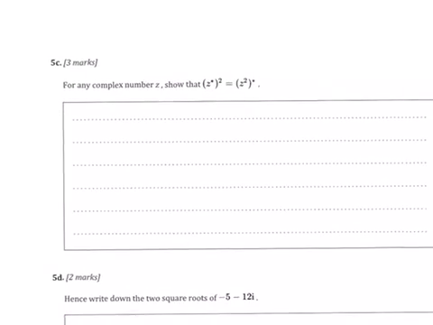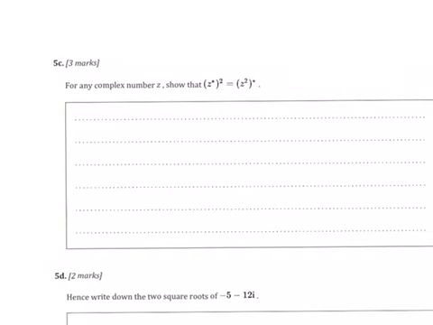For any complex number z, show that the complex conjugate of z, squared, is equal to z squared, its conjugate. Okay, so there's two ways to really do this. We could work with rectangular coordinates, x plus iy, and we could work with r e to the i theta.